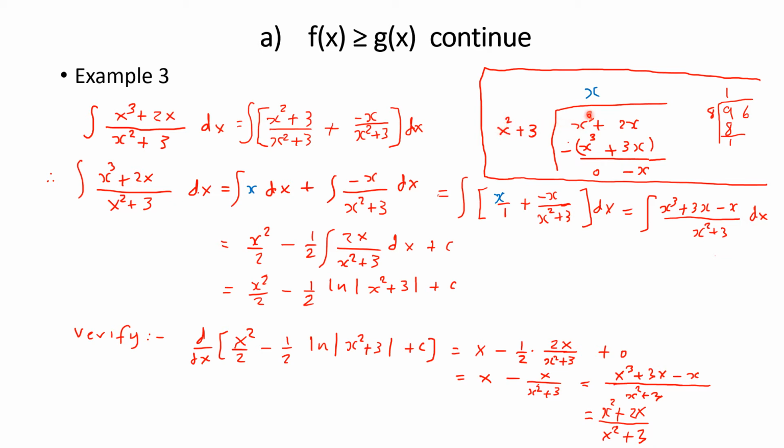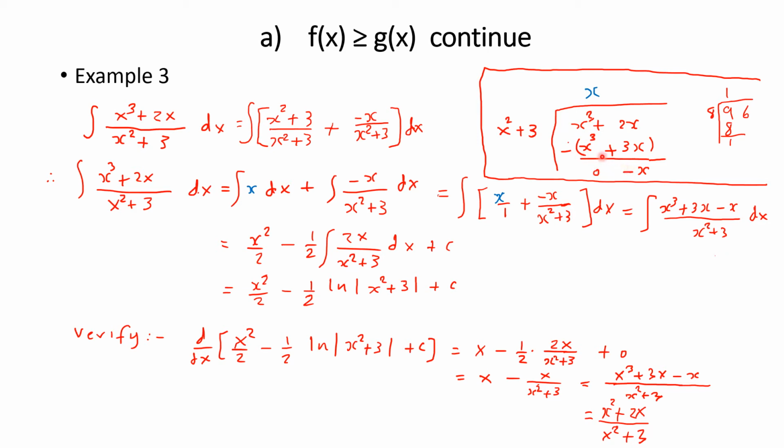So x to the power 3 divided by x squared is going to give an x. So we have to multiply x by x squared plus x by 3. That's going to give us, between these parentheses, x cubed plus 3x. Since we have to subtract this from the first line, the subtraction of x to the power 3 from x to the power 3 is going to give us 0.